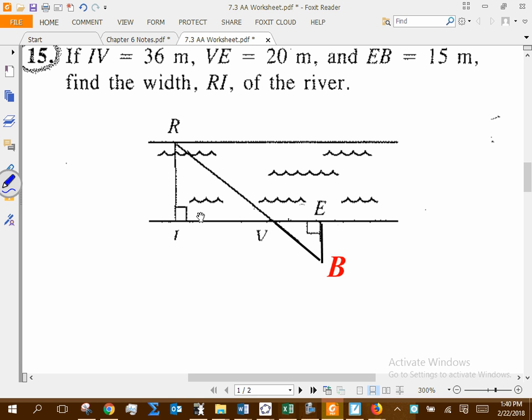Usually something somewhat substantial in size. I don't want to find the width of your computer screen using this technique because you can't get a whole lot of dimensions to do that. But you could do this.